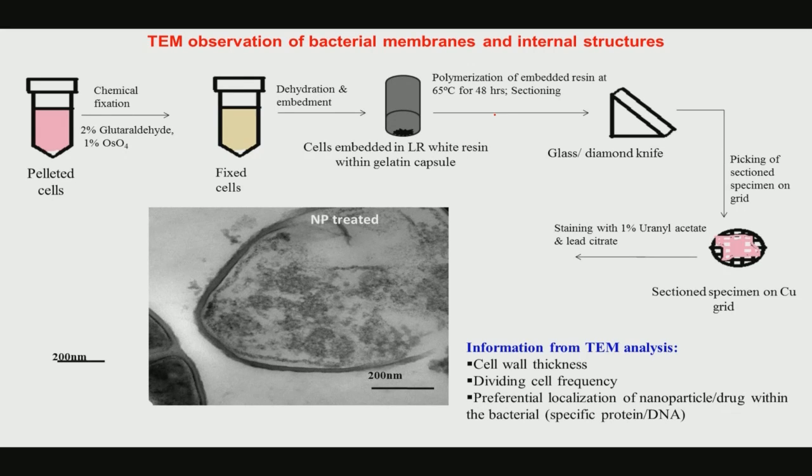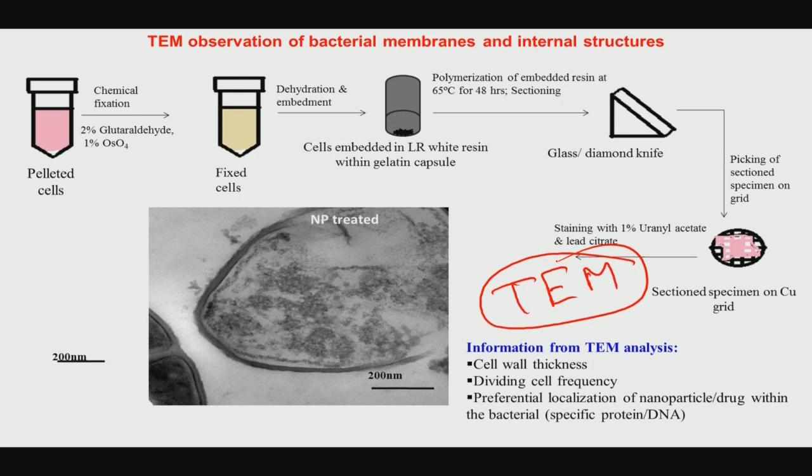Now, once you do all these assays, the last stage of characterization, which may be a little more difficult, is called transmission electron microscopy observation of the bacterial cells. Transmission electron microscopy is itself one of the higher-level microscopy techniques to see the ultrastructural features of the bacteria, which you cannot probe using scanning electron microscope or fluorescence microscope, where the allowable magnification is much less than in transmission electron microscope.